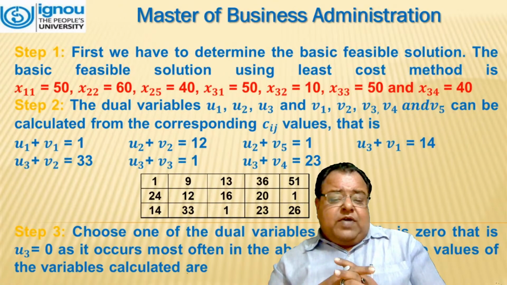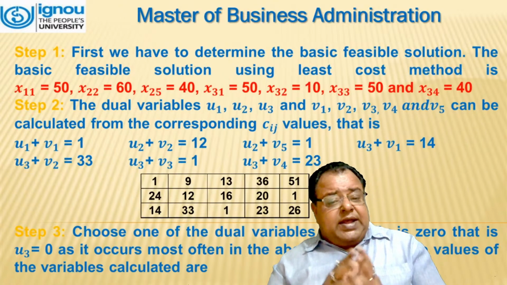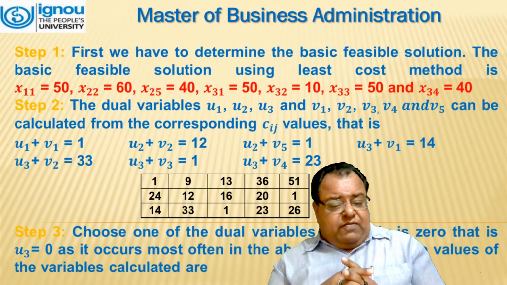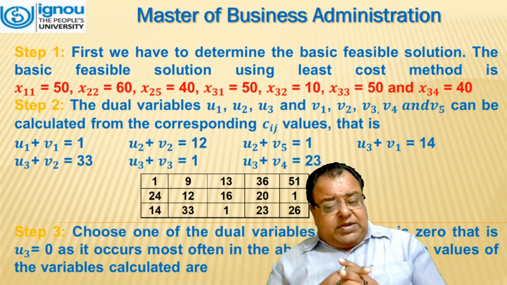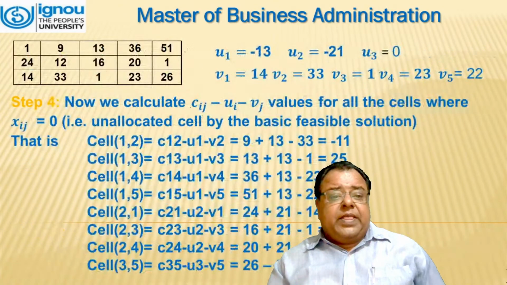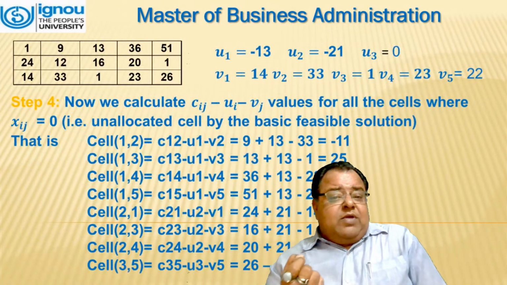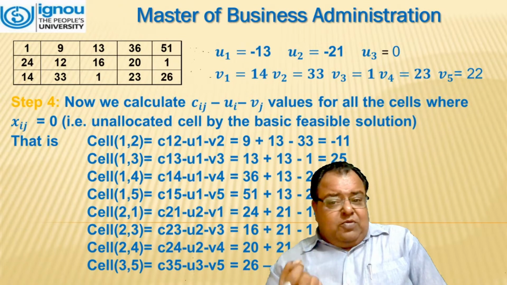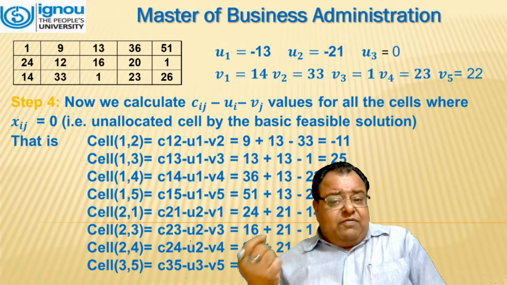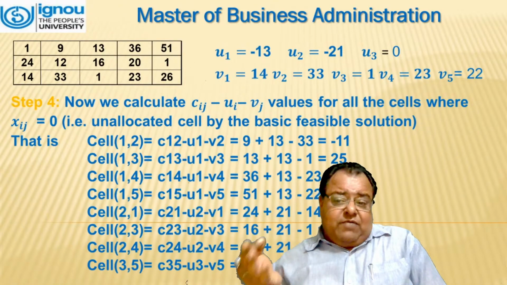Now, we choose one of the dual variables arbitrarily as 0, that is u3 equal to 0. The values of the variables calculated are u1 equal to minus 13, u2 minus 21, u3 0, v1 14, v2 33, v3 1, v4.